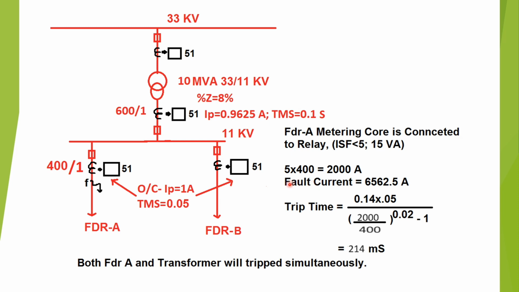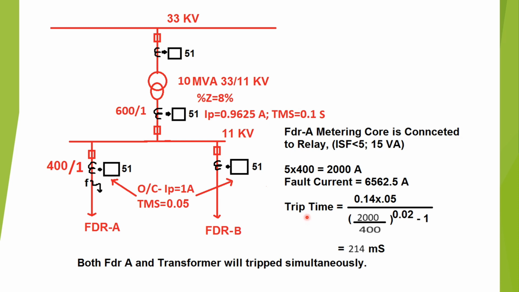So the fault current is 6562.5 ampere, but since the metering core is connected to the protection relay, it will sense only 5 ampere of secondary current, or in terms of the primary value, only 2000 ampere will be sensed by the relay.